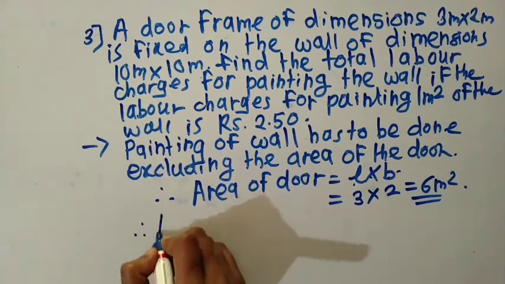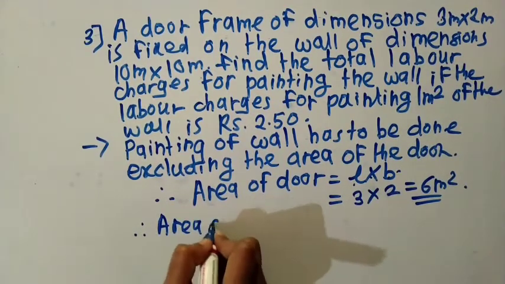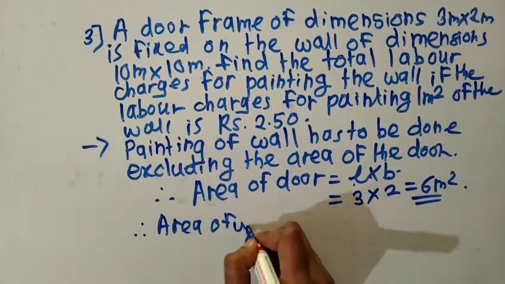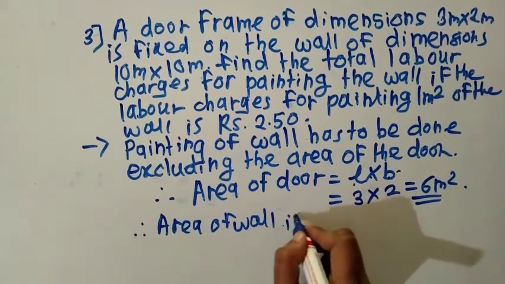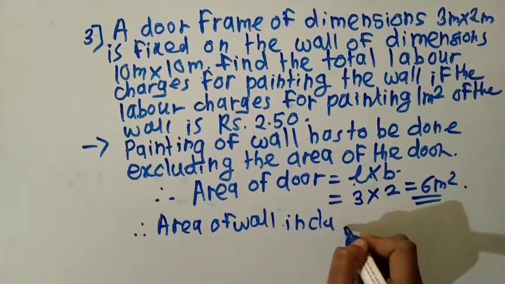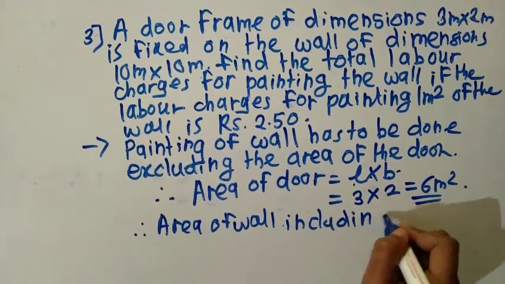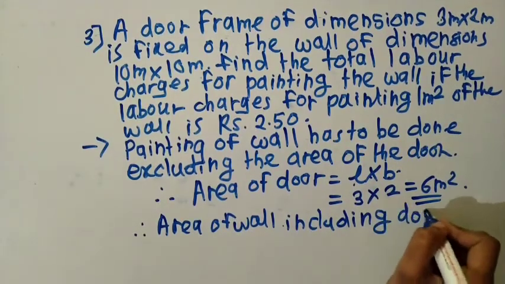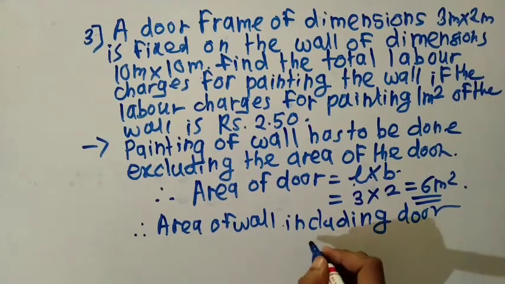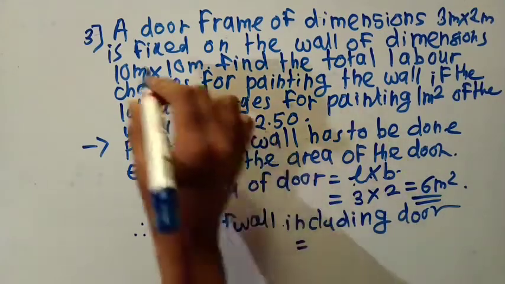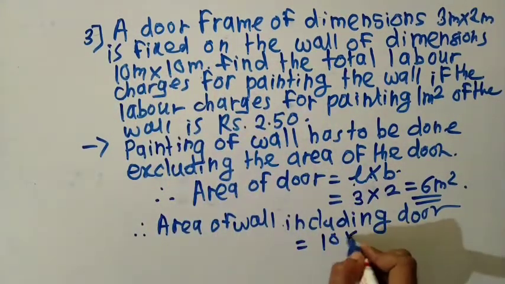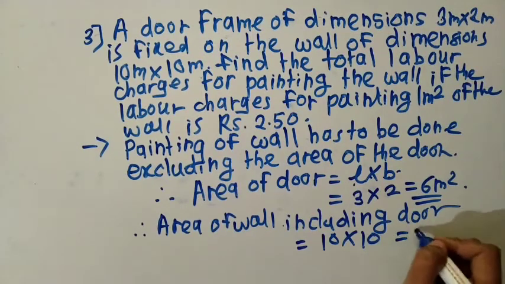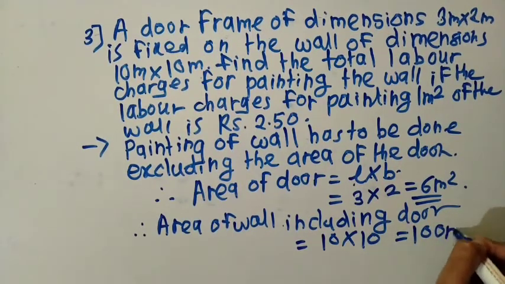Then find out area of wall including door, which is 10 into 10, equal to 100 meter square.